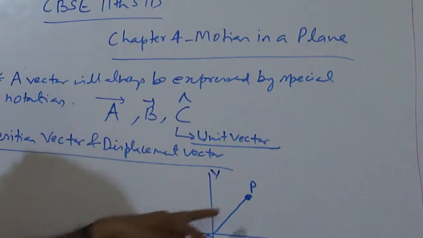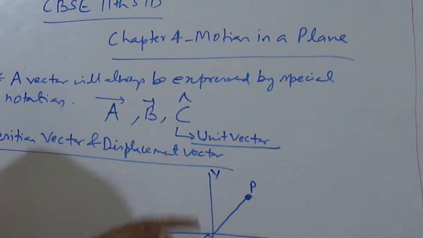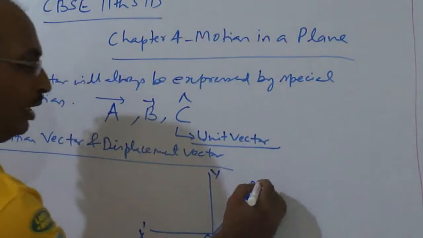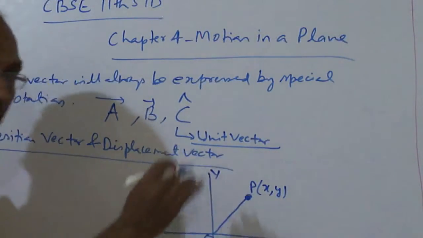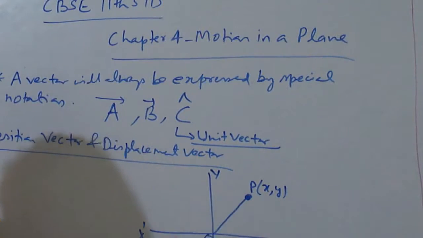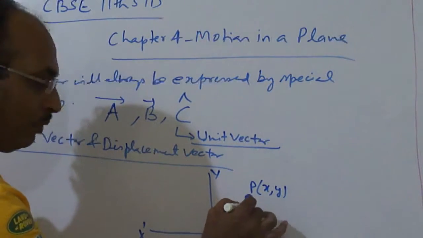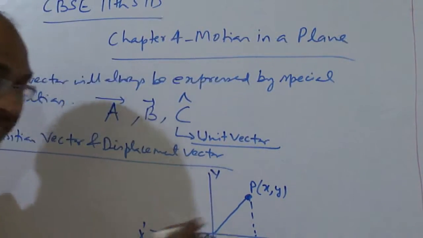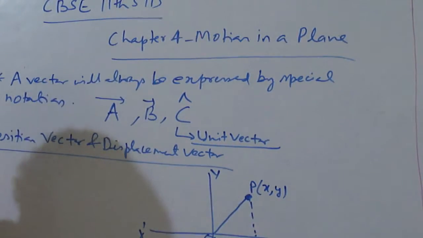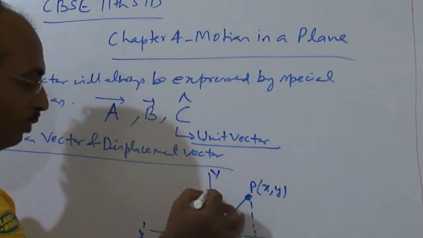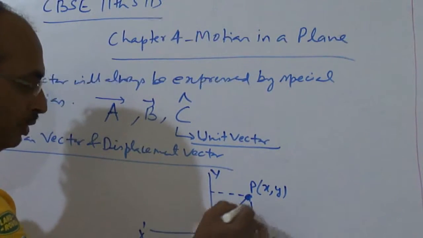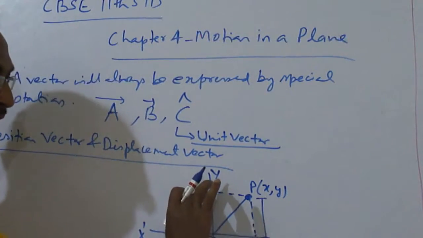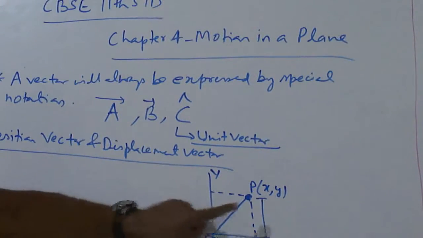You can also say that this point P is located with respect to the x-axis and the y-axis, so it will have two values, x and y. Its coordinates will be x and y. This distance on the x-axis is x, and this distance on the y-axis is the y coordinate.